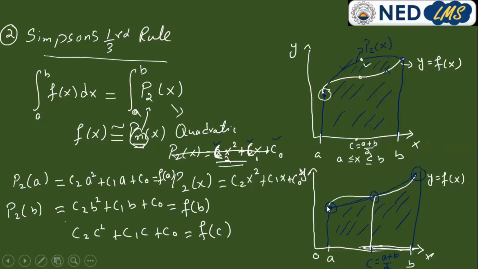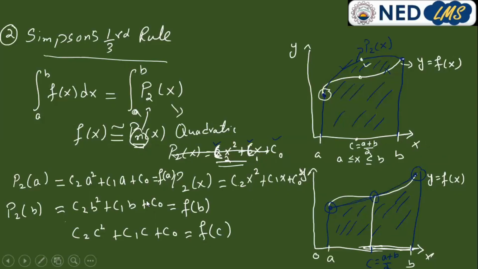Now we are not sure the blue curve will match the white curve entirely. It is possible if the white curve is a quadratic, but if not, then it will at least match the white curve at three points: lower limit, upper limit, and the midpoint.